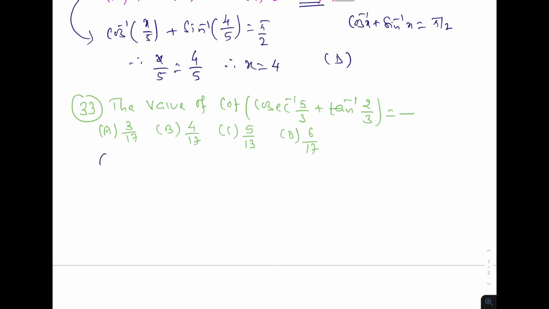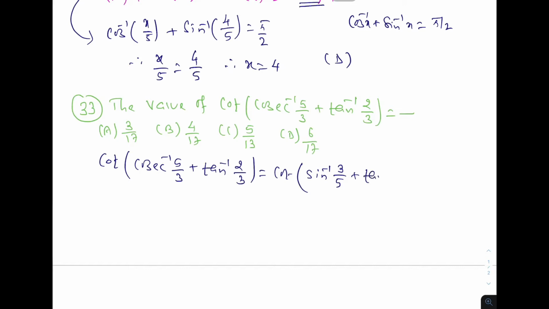So now cot of cosec inverse 5 by 3 plus tan inverse 2 by 3. This is equal to cot of, we can write, sine inverse 3 by 5 plus tan inverse 2 by 3.